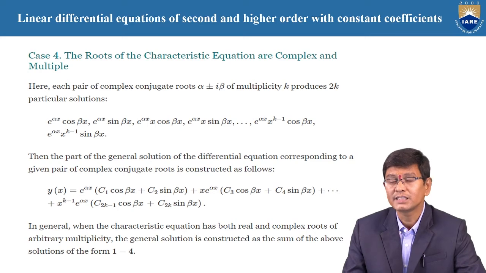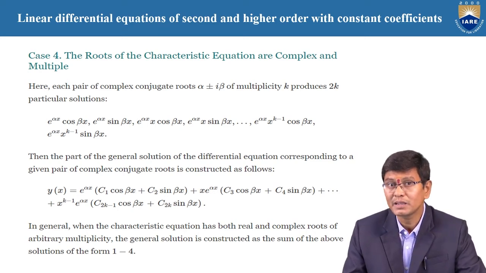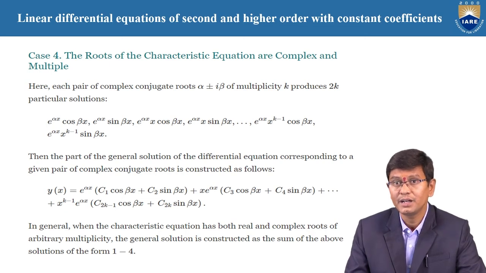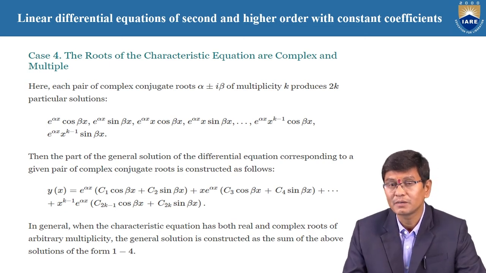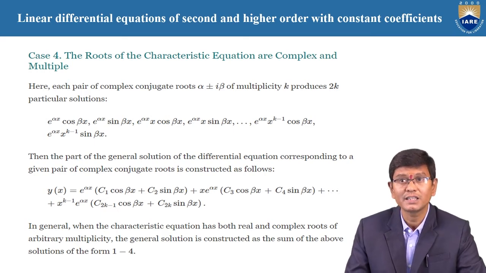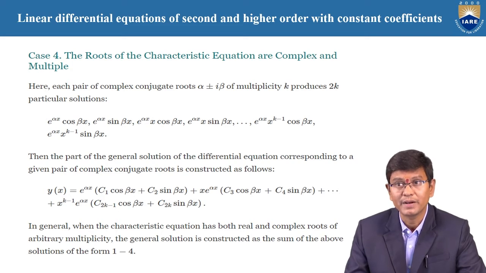Now, case 4: the roots are complex and the complex roots are repeated. Therefore, we need to consider y of x is equal to e power of alpha x into c1 cos beta x plus c2 sin beta x plus x into e power of alpha x into c3 cos beta x plus c4 into sin beta x.